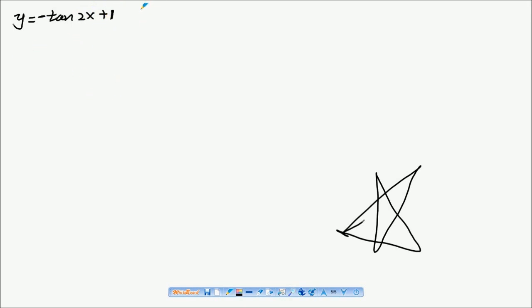The domain of the graph is, say, from 0 to pi.